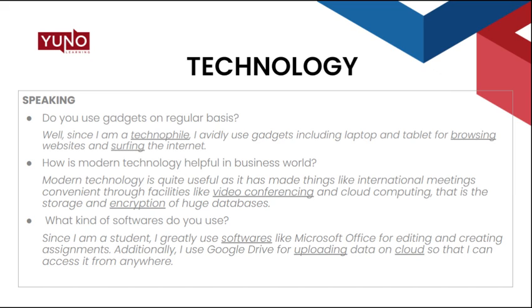How is modern technology helpful in the business world? Modern technology is quite useful as it has made things like international meetings convenient through facilities like video conferencing and cloud computing, that is, the storage and encryption of huge databases. What kind of software do you use? Since I am a student, I greatly use software like Microsoft Office for editing and creating assignments.